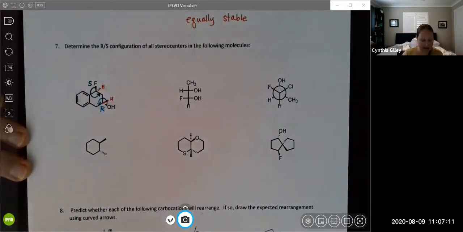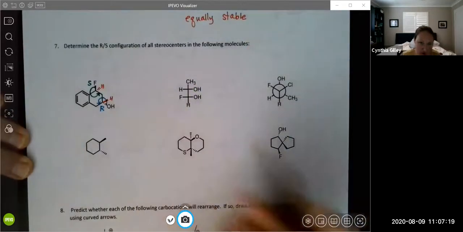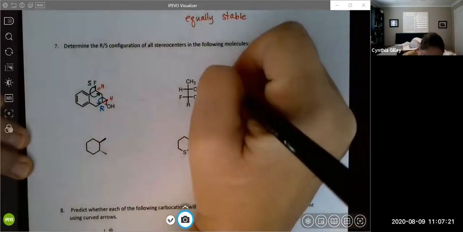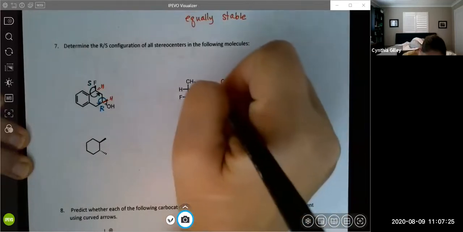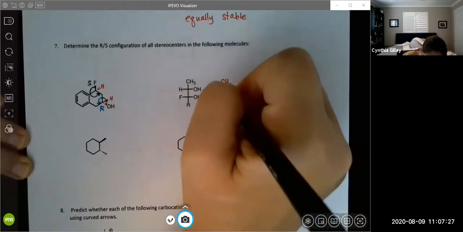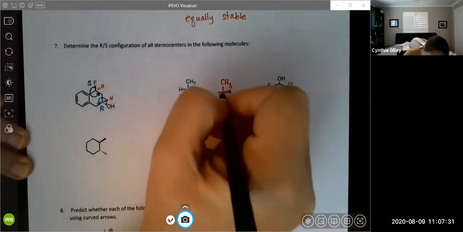Okay, in a Fischer projection, we just need to remember that even though everything is drawn flat, this actually means, if I draw this again, the groups on the horizontal are coming out at you, right?